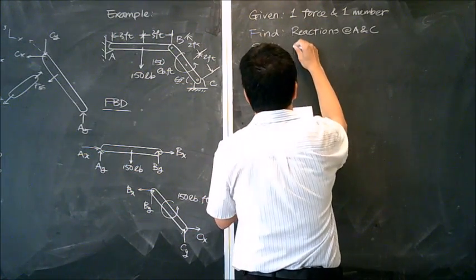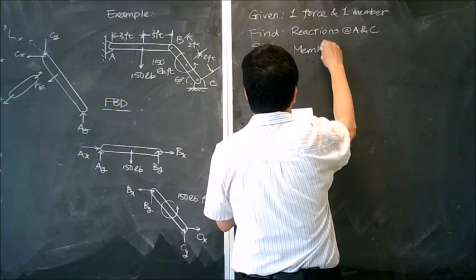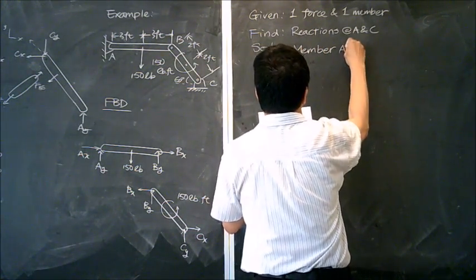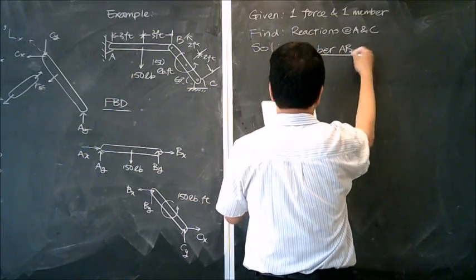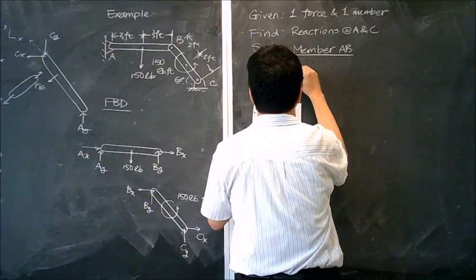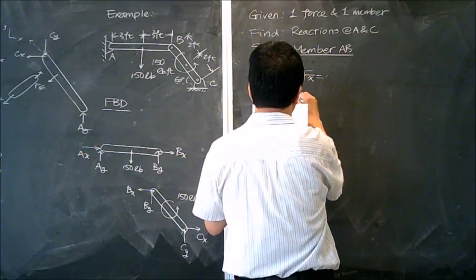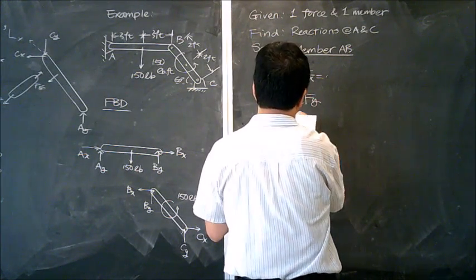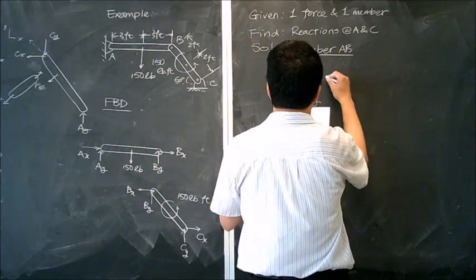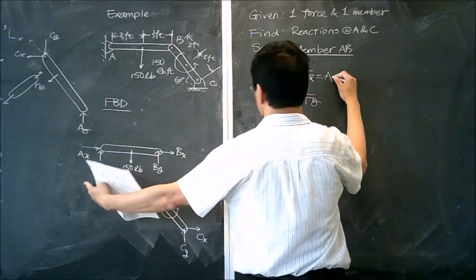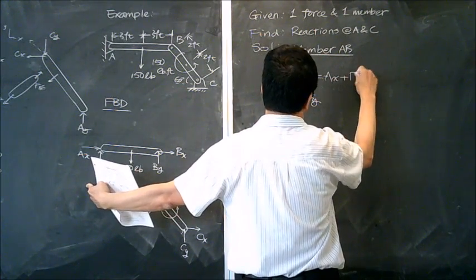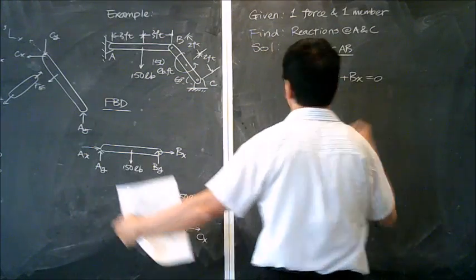So let's start from member AB. That is still straightforward. Fx equals 0, Fy equals 0. That is going to be Ax plus Bx equals 0.